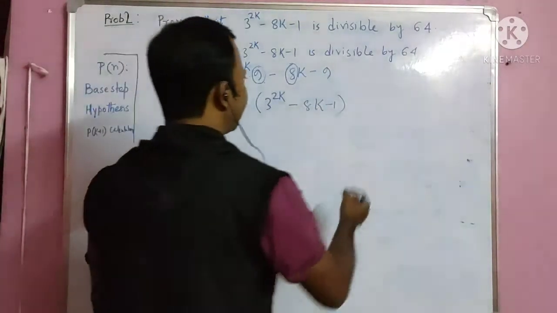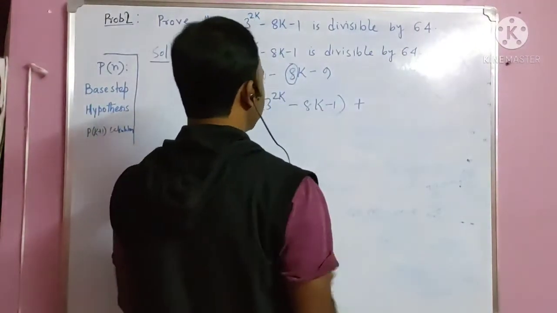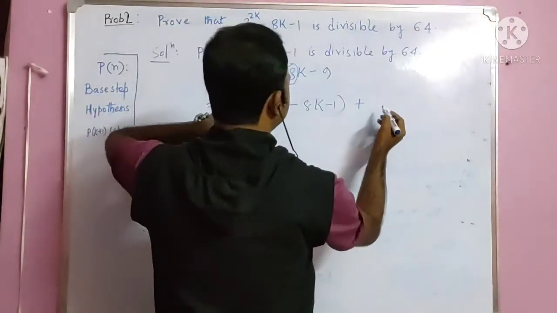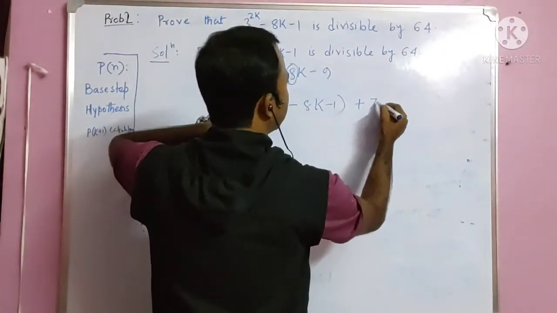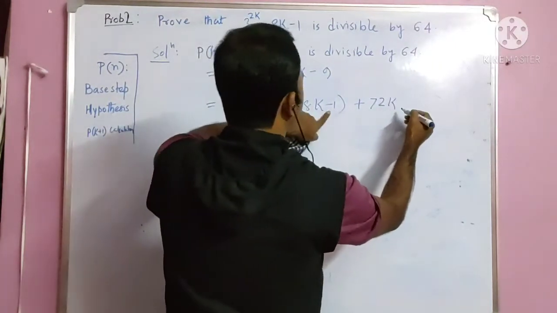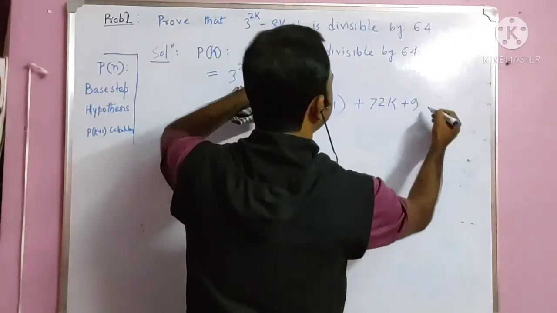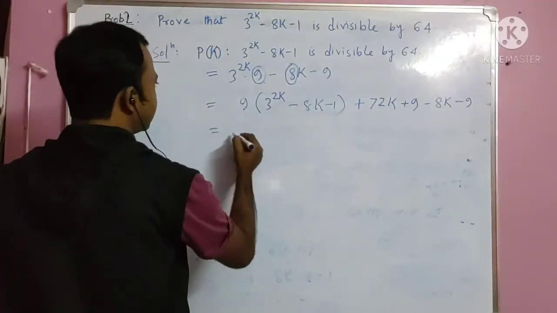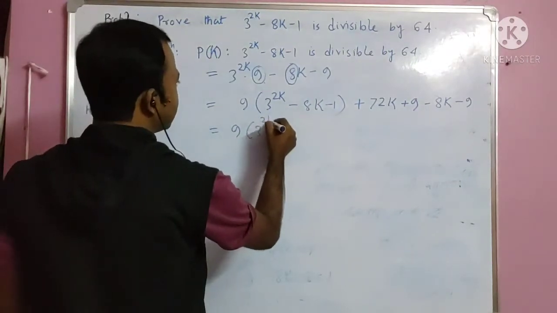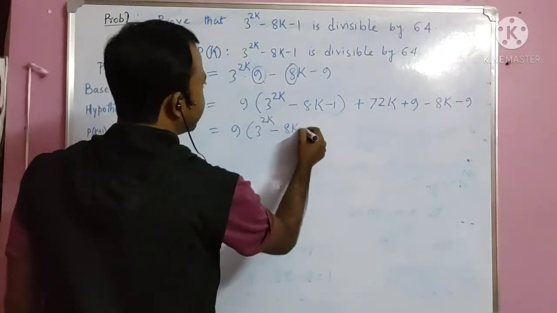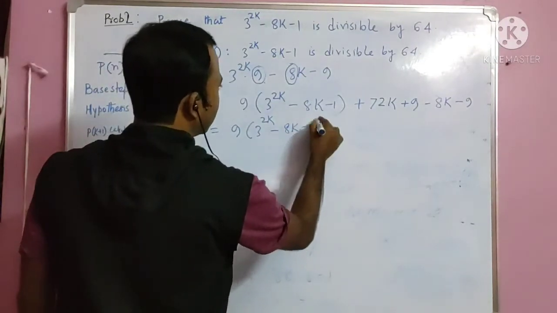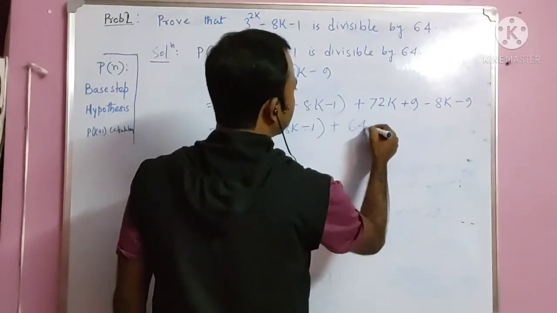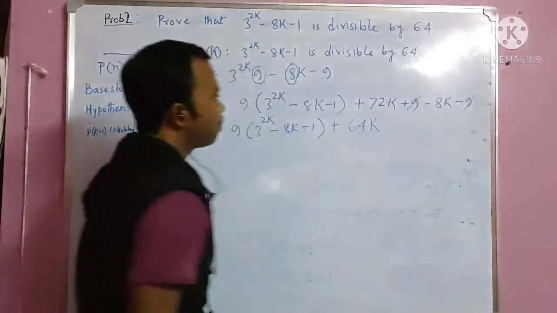Now add or subtract what you have extra added or subtracted. You have to remove these: plus 72k plus 9, and here you have 8k and minus 9. You get Pk, which is divisible by 64, and this other term is 64k, so this is canceled out.